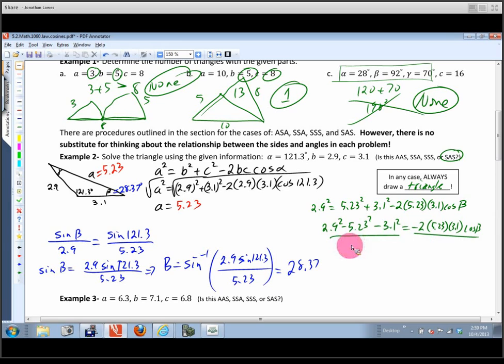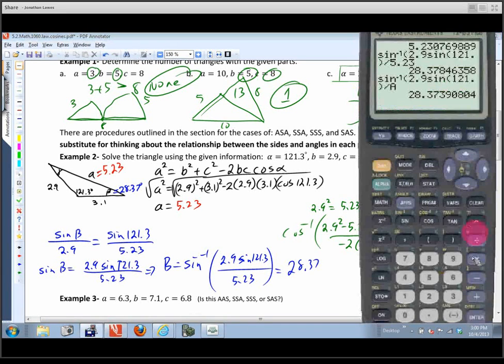So this is going to be minus 2, 5.23, 3.1. And then I just have cosine of beta over on this side. So if I take the cosine inverse of this side and the cosine inverse of this side, I should get the same answer. So let's just check and see if that works, because we might be using this a little bit later on.